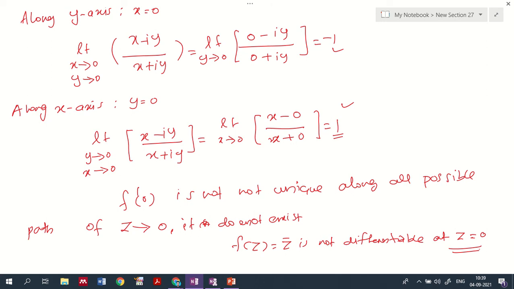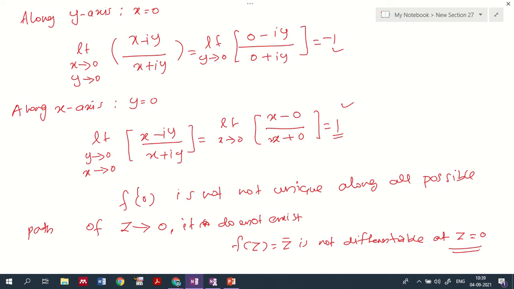That is very important. That's why we consider the y-axis, x-axis and all, because along different paths the derivative value should be unique. Then only can we say that it is differentiable in all directions and it will be unique valued as well. So that is what is more important in this case.